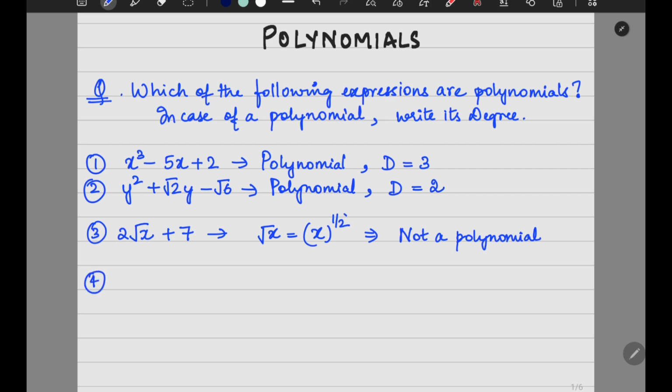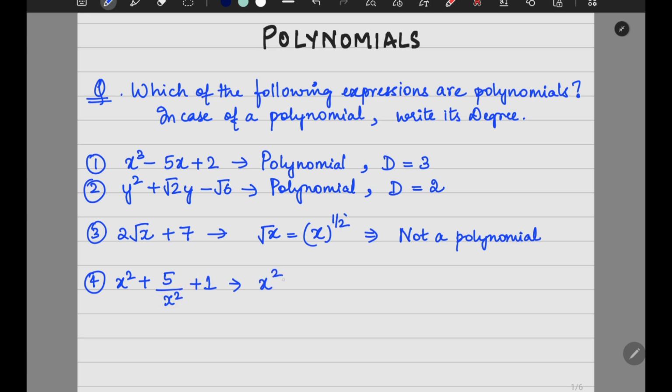The fourth question. Okay. Suppose you're given x square plus 5 by x square plus 1. How will you do it? Immediately, you cannot just look at the powers and say it's a whole number. No, you will have to simplify, solve it. You have to take x square to the numerator part. So then what will happen?